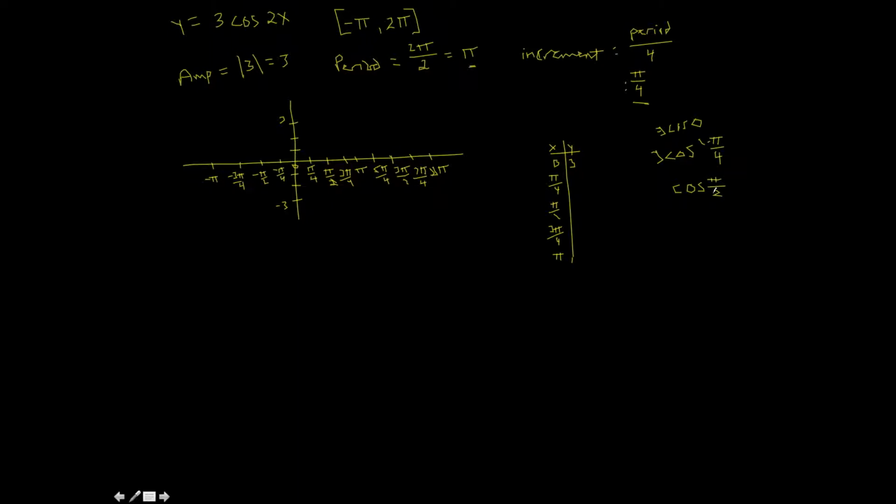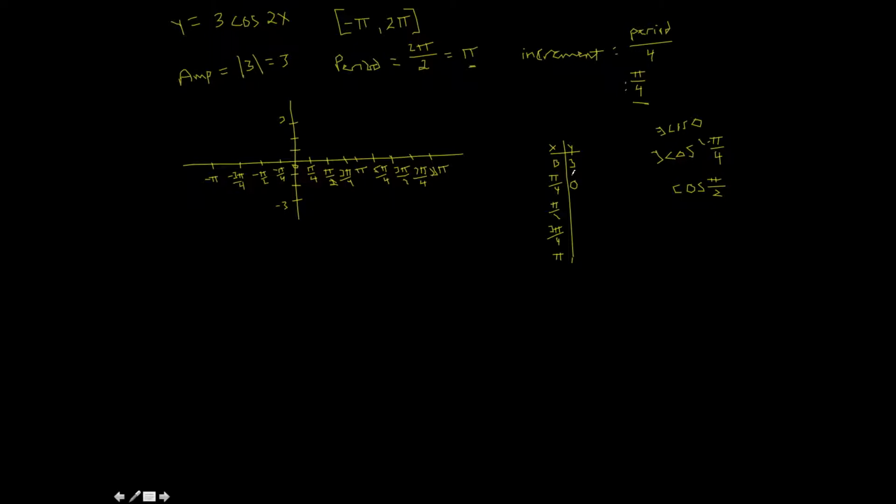So what's the cosine of pi over 2? Well, the cosine of pi over 2 is 0. And so 0 times 3 gives us 0.